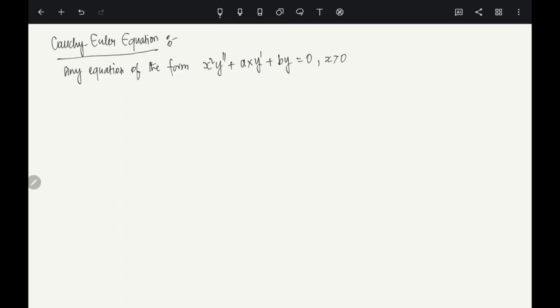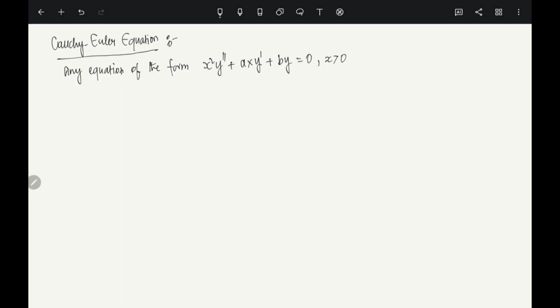Clear? So this sort of equation we call a Cauchy-Euler equation. One beautiful thing about this equation is the power of x involved with y double prime is 2, with y prime is 1, and with y is 0. So that is this beautiful structure.